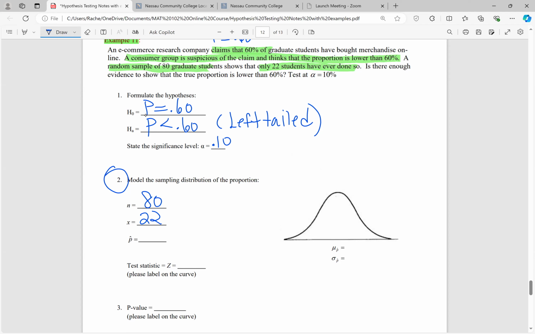Let's get our sample proportion, p hat. Remember, p hat is equal to x over n, so it's 22 over 80. Plug that in your calculator. 22 divided by 80 is 0.275.